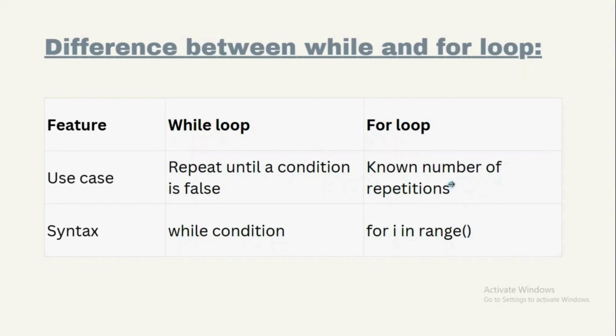In the range we give the number, so it always runs based on the numbers we provided. So a for loop will never run infinitely. Even like we saw in the example where we ran the while loop infinitely, that was a problem. But in the for loop, we know it will never go infinite. And this is the basic syntax of a for loop.